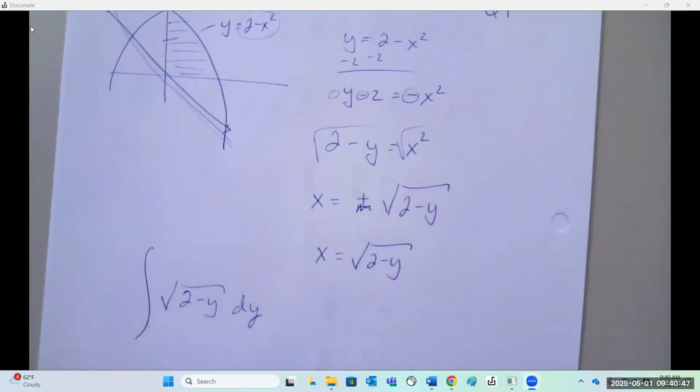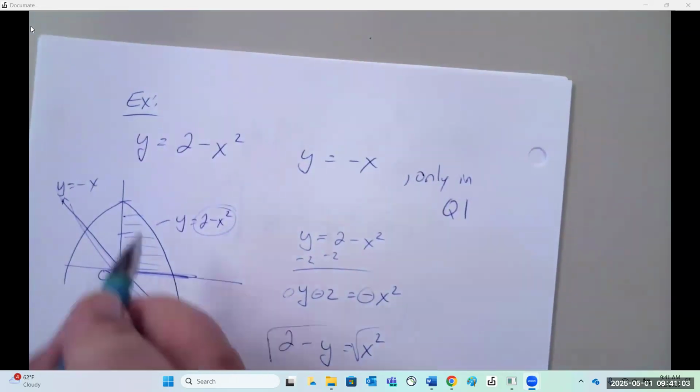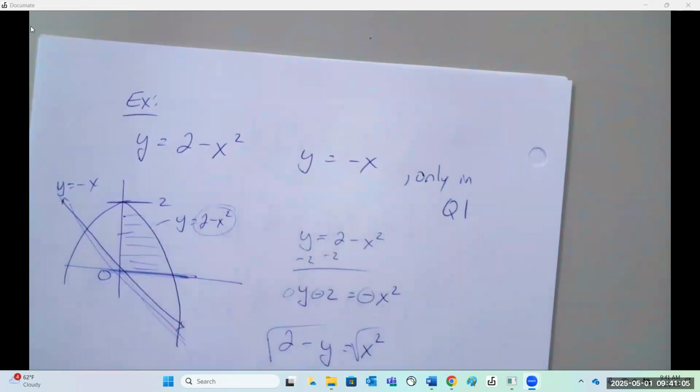So what are my bounds? Well, since I'm in the first quadrant, I'm going from y equals 0 to y equals 2.